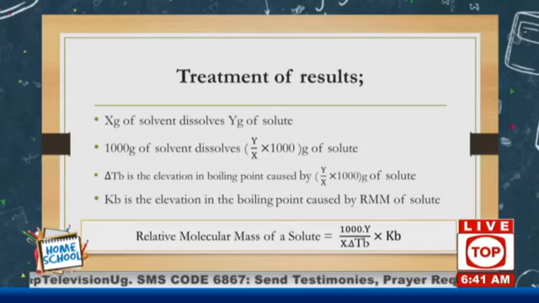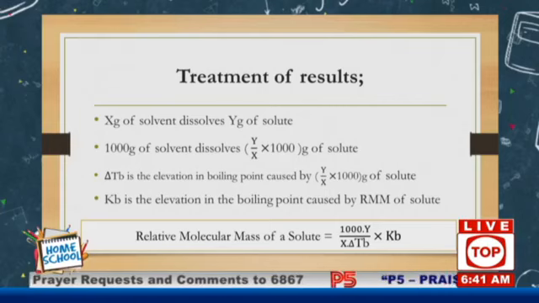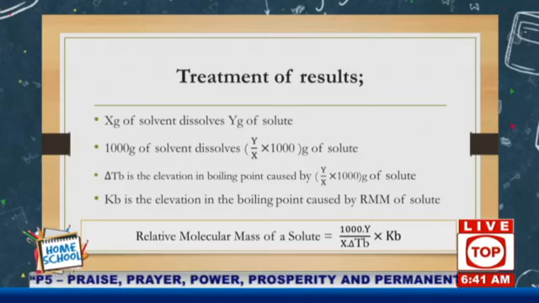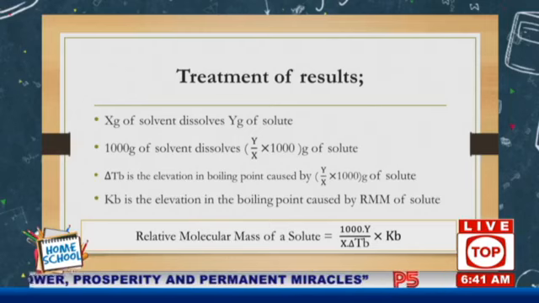So in that case, X gram of the solvent dissolves Y. Okay? So when you look from that one, we go to 1,000 gram of the solvent. If X dissolves Y, 1,000 grams will dissolve what? That means 1,000 will dissolve Y over X times 1,000.